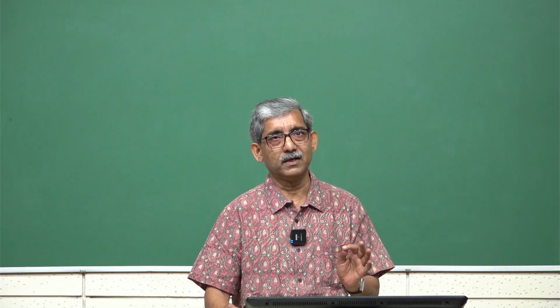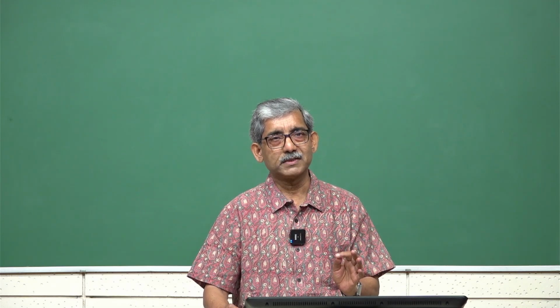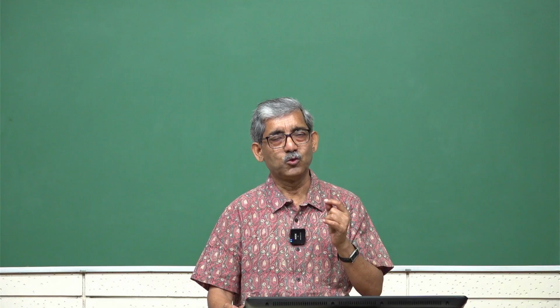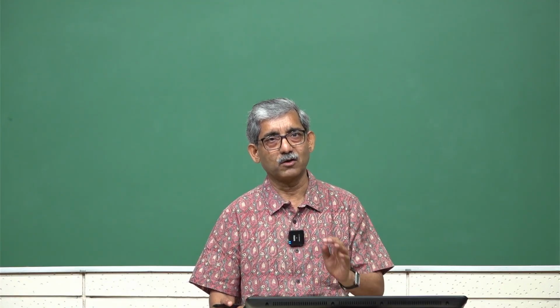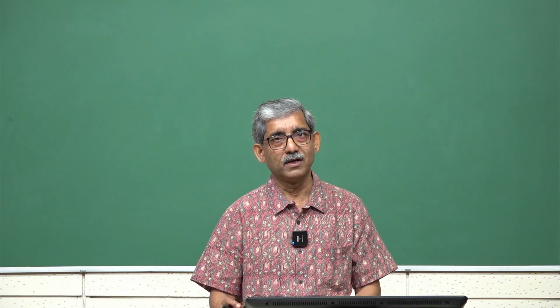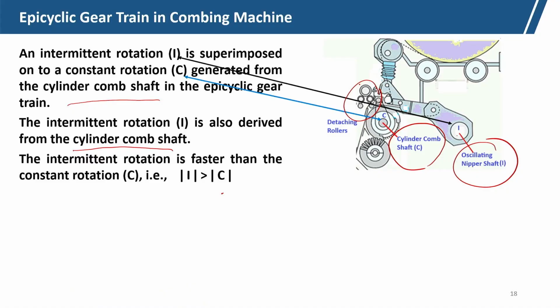Now, here in the comber we need epicyclic gear to superimpose two different motions. One is the intermittent rotation I, which comes from the oscillating nipper shaft. The other is a constant motion C, which comes from the cylinder comb shaft, and ultimately it gives motion to the epicyclic gear.